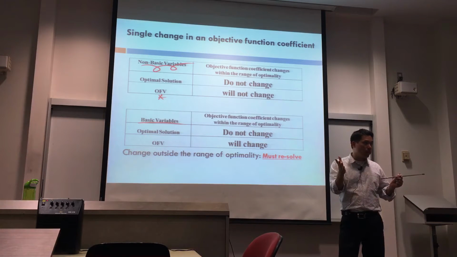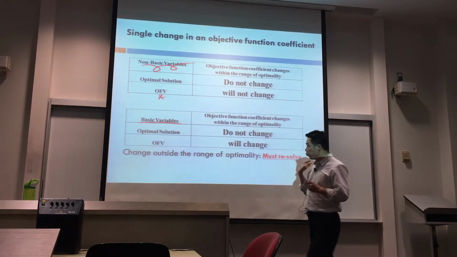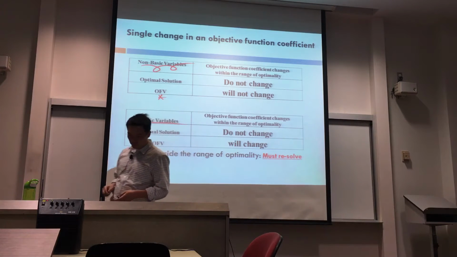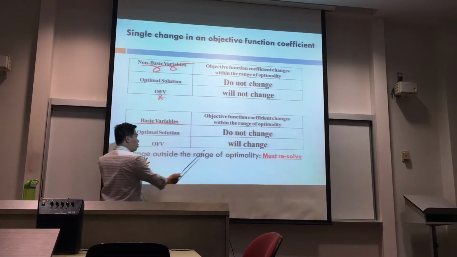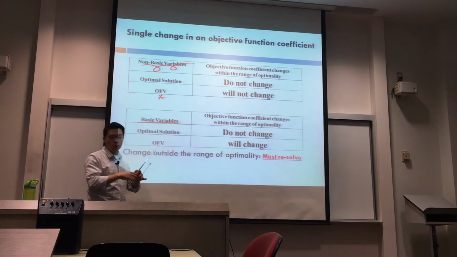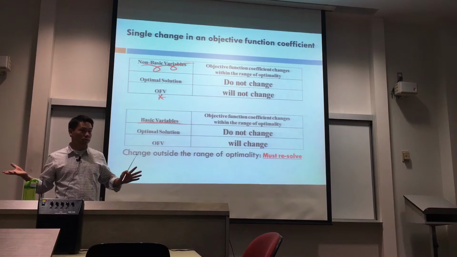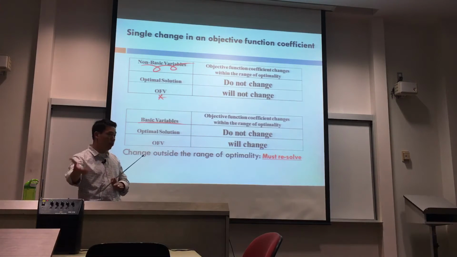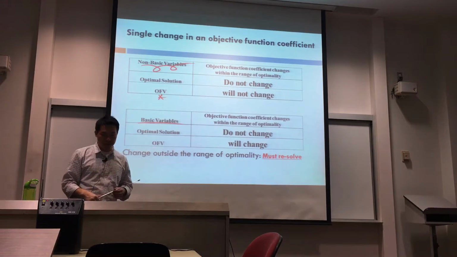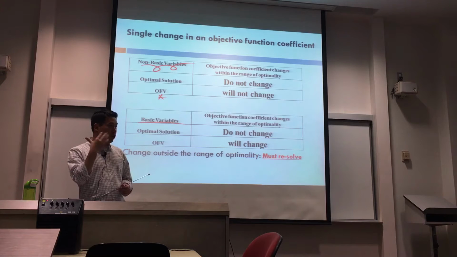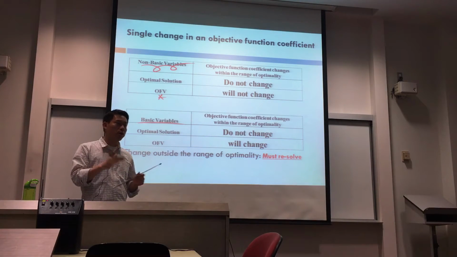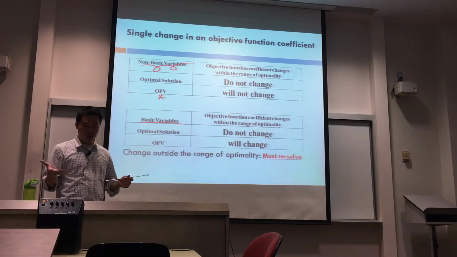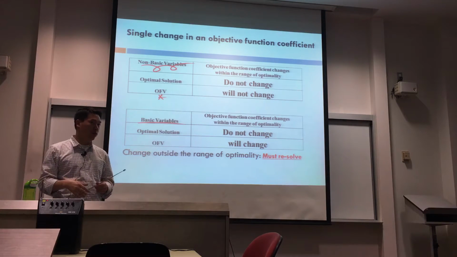Of course, the objective function value will change. So outside the range of optimality, we don't have any results. You just have to solve the whole problem and figure out the new values. So just like the range of feasibility, if your change is outside of the range, you have to do the whole thing over again.